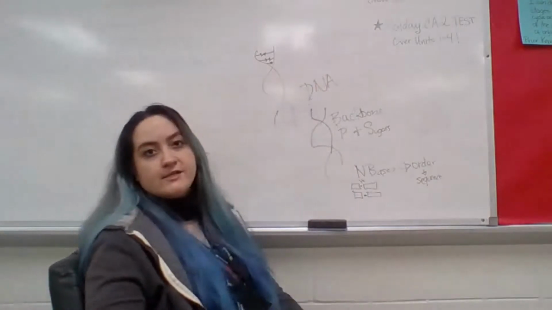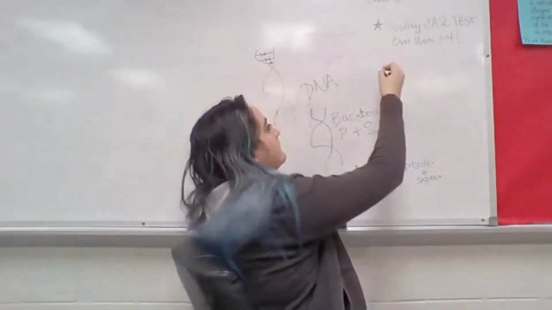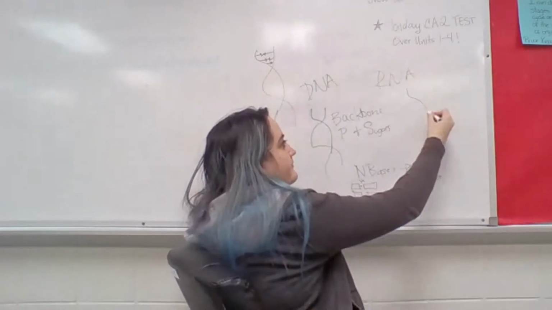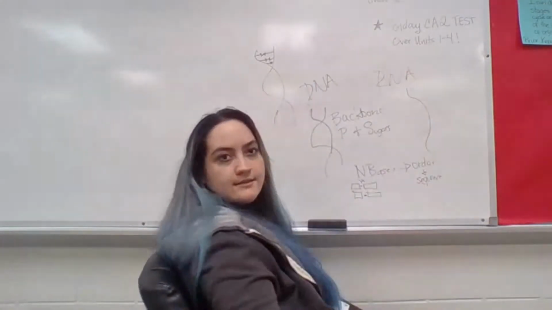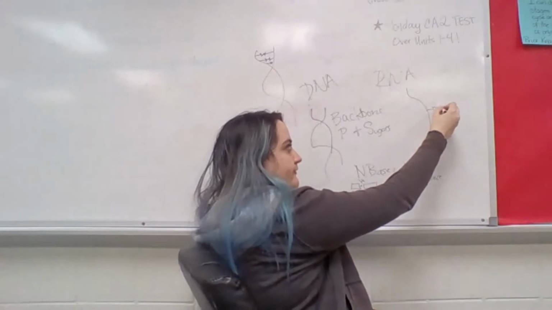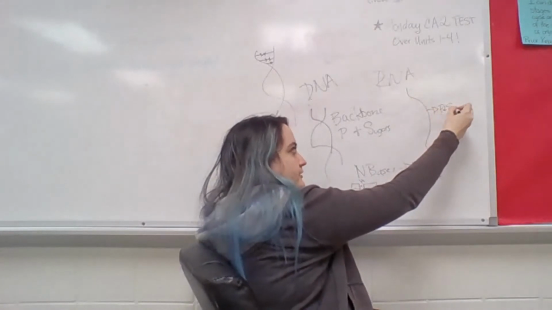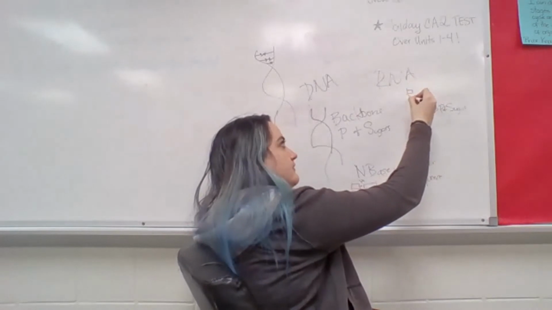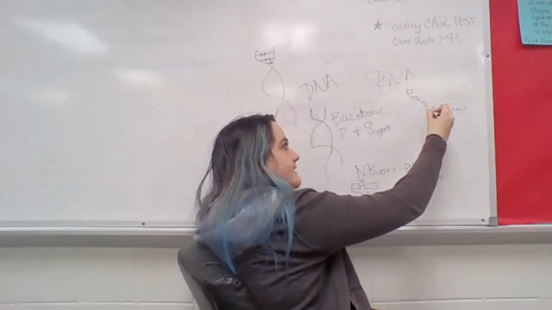Now the difference between DNA and RNA is that RNA is a single-stranded thing. So it's still made up of the same things. This backbone is made out of phosphates and sugars. And then you have one set of steps.